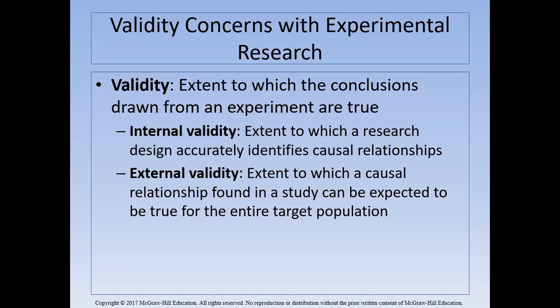External validity is the extent to which a causal relationship found in a study can be expected to be true for the entire target population. Let me go back to the same example. In Ford, they found that if people are watched, they produce more.